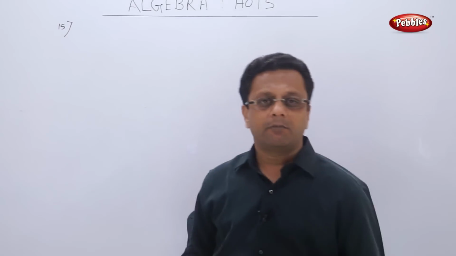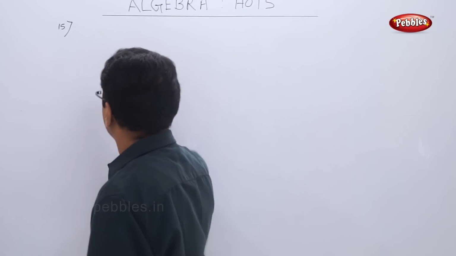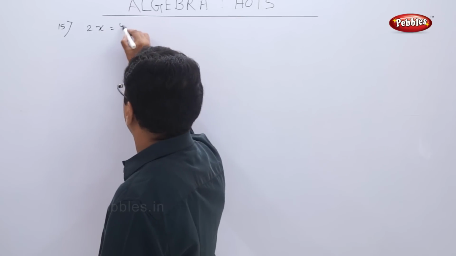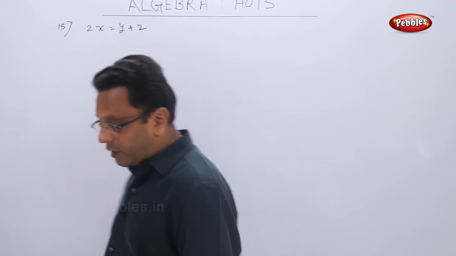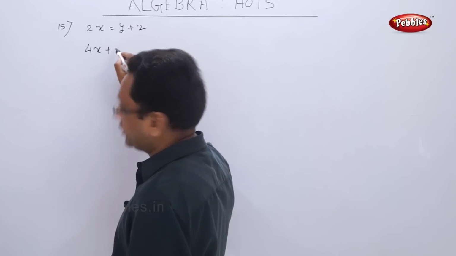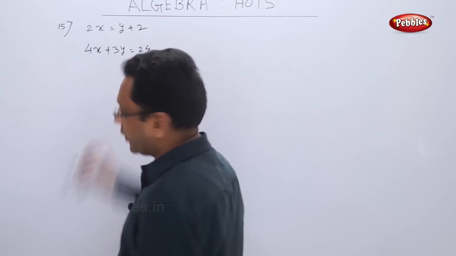A very simple example based on graphs. Draw the graph representing the equations 2x is equal to y plus 2 and 4x plus 3y is equal to 24.